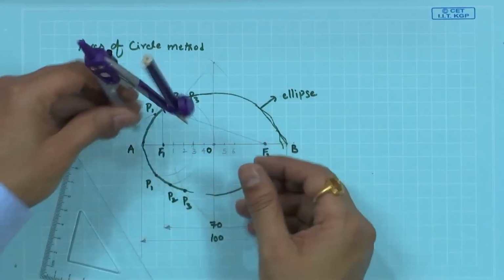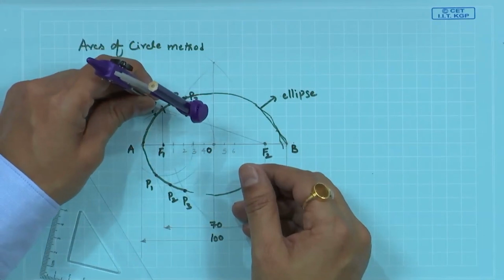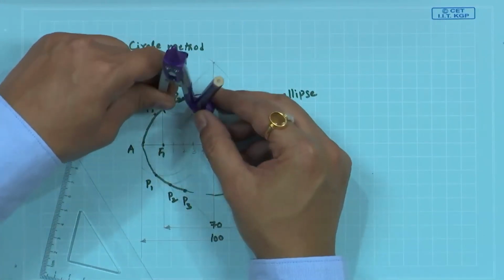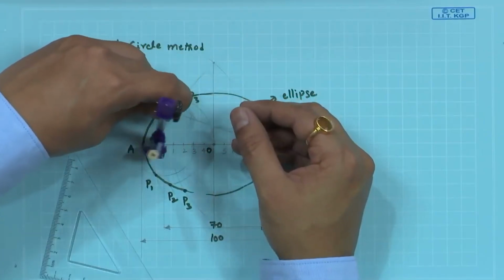Now, this is the point we are identifying. Now, use angle bisector division for that purpose. What we have to do is pick an arbitrary radius.